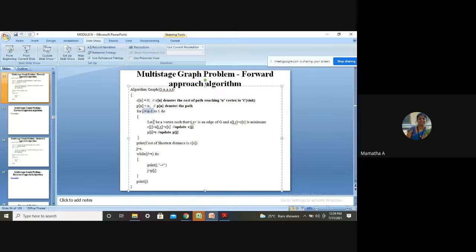Someone has to reply, otherwise I'll not move forward. J equals to n minus 1 means I should start from which vertex? J is also a vertex, isn't it? If I take A J R, J is also a vertex, R is also a vertex. So J starts from which vertex number?